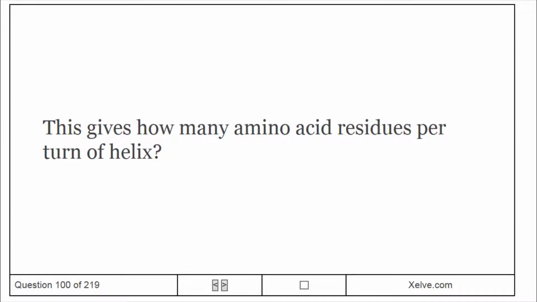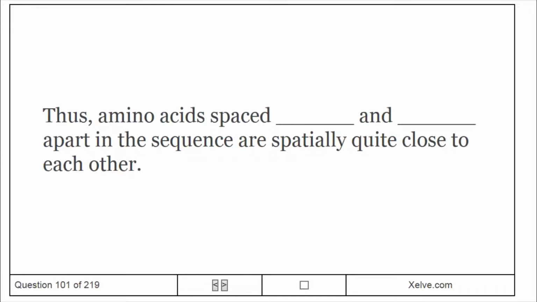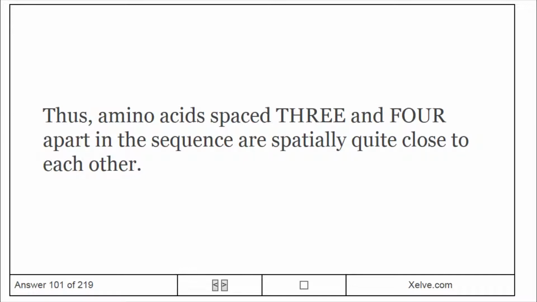This gives how many amino acid residues per turn of helix? 3.6 amino acid residues. Thus, amino acids spaced 3 and 4 apart in the sequence are spatially quite close to each other.